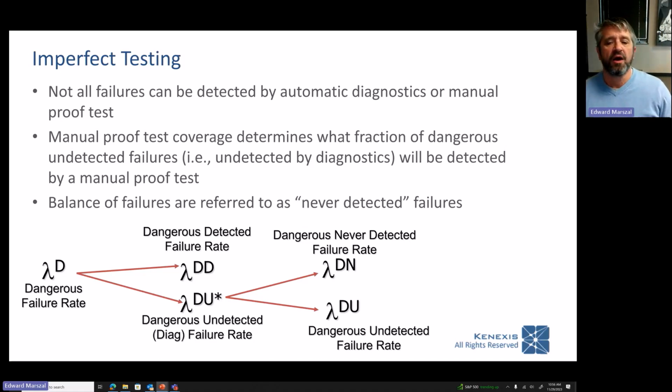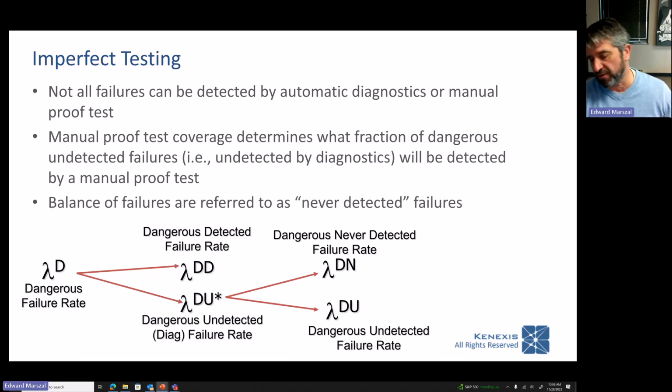Good stuff. Okay, the thing I want to delve into a little more deeply when we're talking about failure rates is imperfect testing, because I already showed you ISA training class slides, the ISA technical report, Kenexis Vertigo, and any reputable SIS PFD calculation software tool is going to consider imperfect testing.